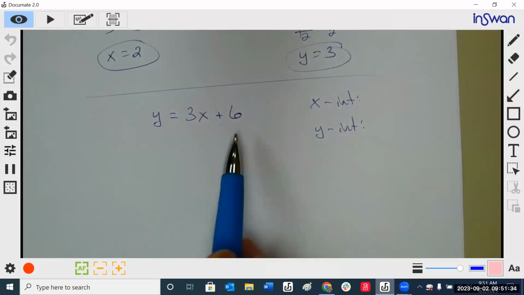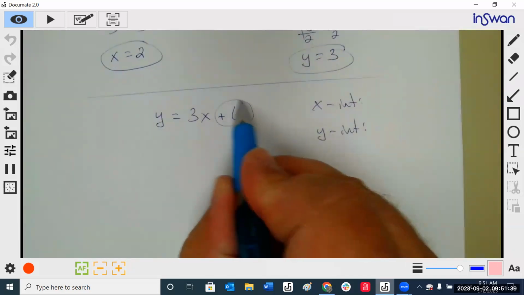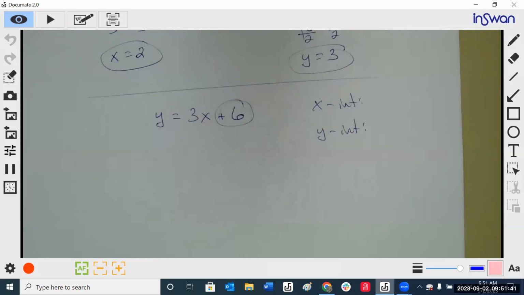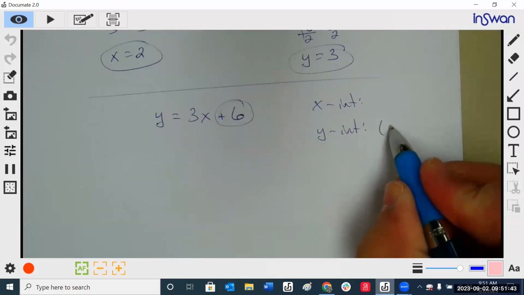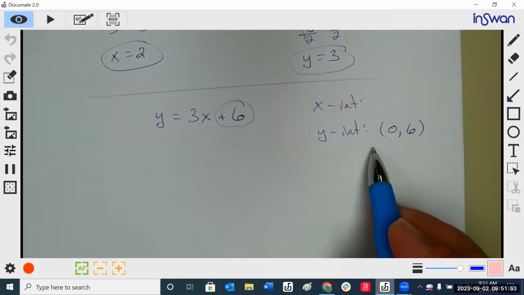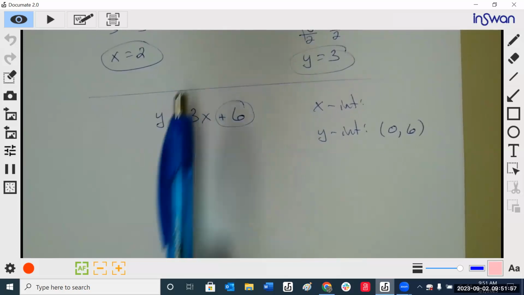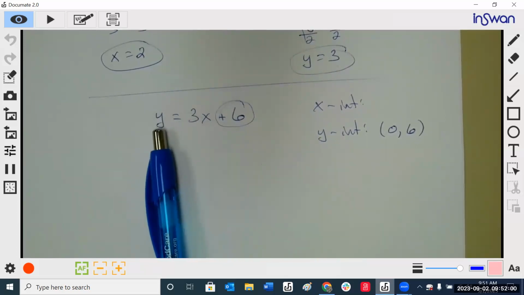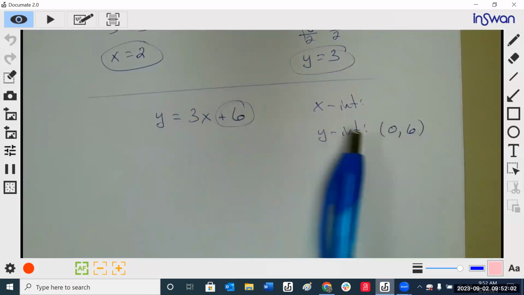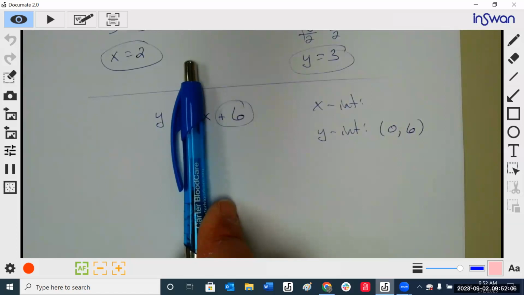What form is this? Slope-intercept. So this number here is automatically known as what? The y-intercept. So the y-intercept is at (0, 6). Now, mathematically, how do we find the y-intercept? Set x equals 0. So if it's in slope-intercept form, the y-intercept will always be the constant number because the x disappears.